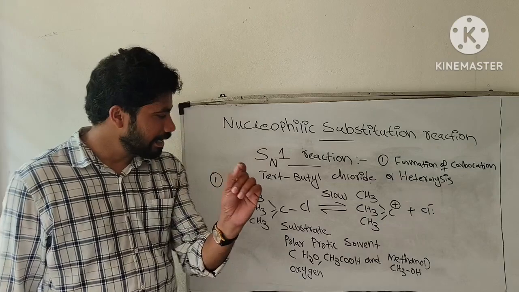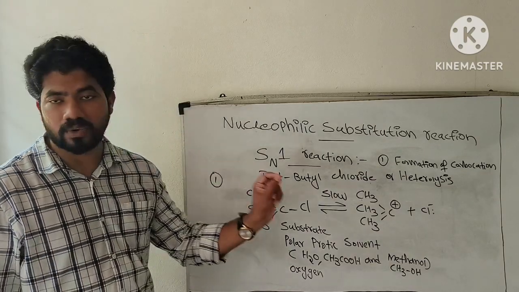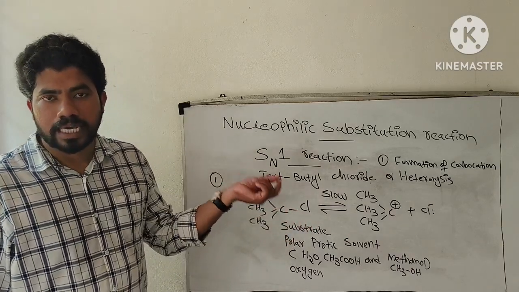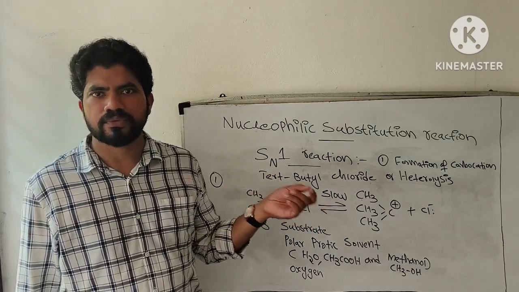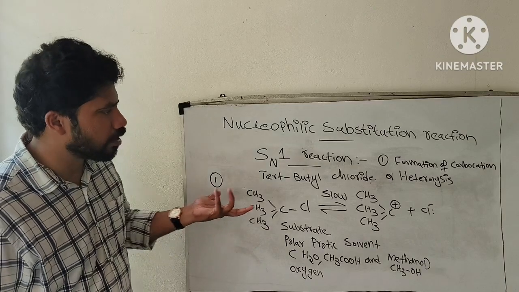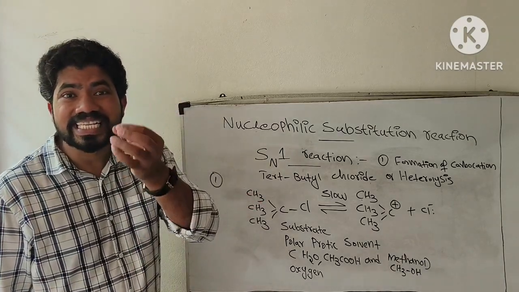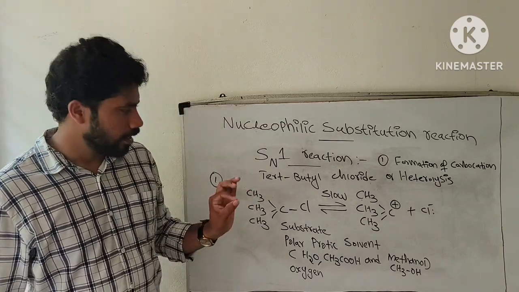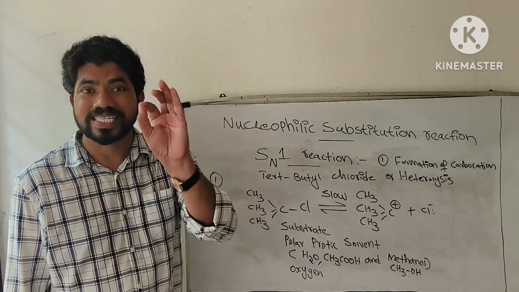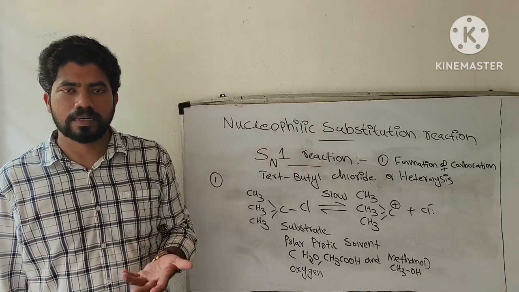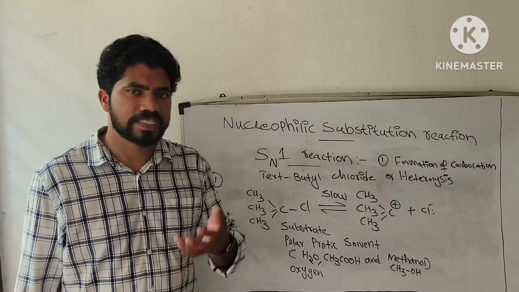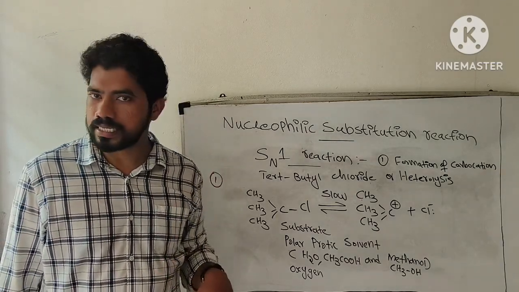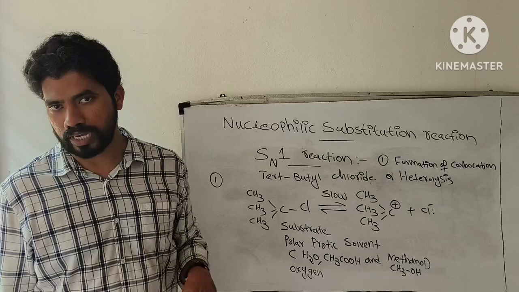And students, why have I taken tertiary butyl chloride as an example instead of methyl chloride or ethyl chloride, or primary or secondary? Because the ease of formation of carbocation is more for tertiary butyl chloride. You know, tertiary carbocation is more stable than secondary carbocation, which is more stable than primary carbocation, which is more stable than CH3 plus ion, methyl carbocation.